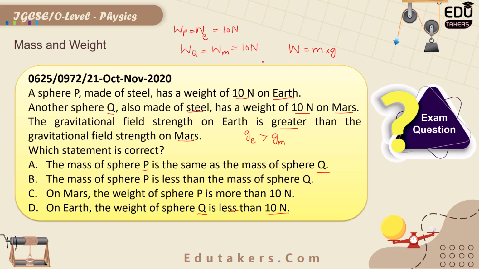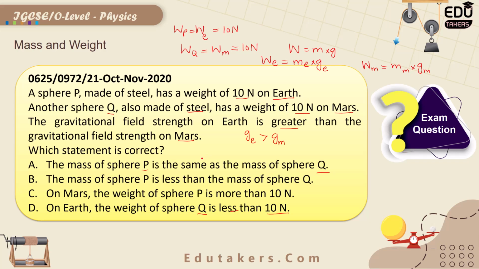I simply write here weight on the surface of Earth is equal to mass on the Earth times the gravitational field strength on Earth, and the weight on Mars is equal to the mass on Mars multiplied by the gravitational field strength on the surface of Mars. You have to use both of these formulas.